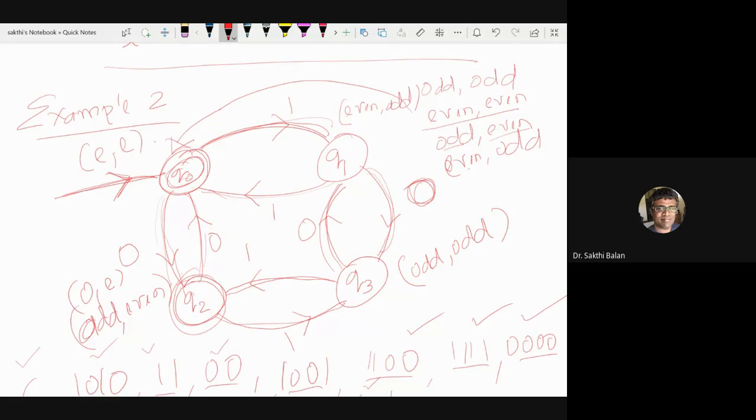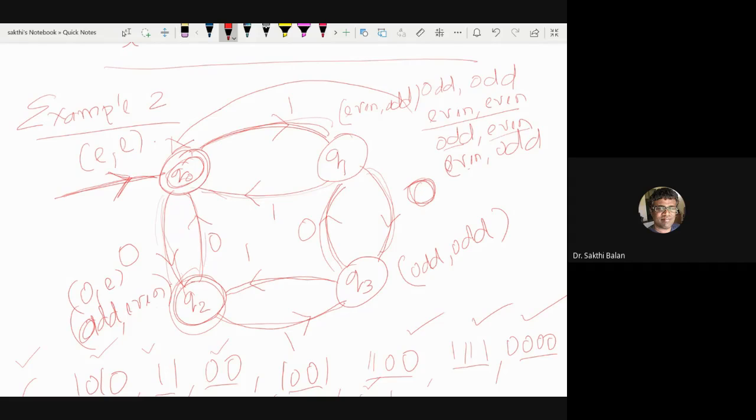Now you tell me. Now you can find out whenever you want to reach even, right? Whenever you reach Q0, it means that you have read even number of zeros and even number of ones, because Q0 is a final state. So whatever the string, you will reach Q0 only when you have read even number of ones and even number of zeros.